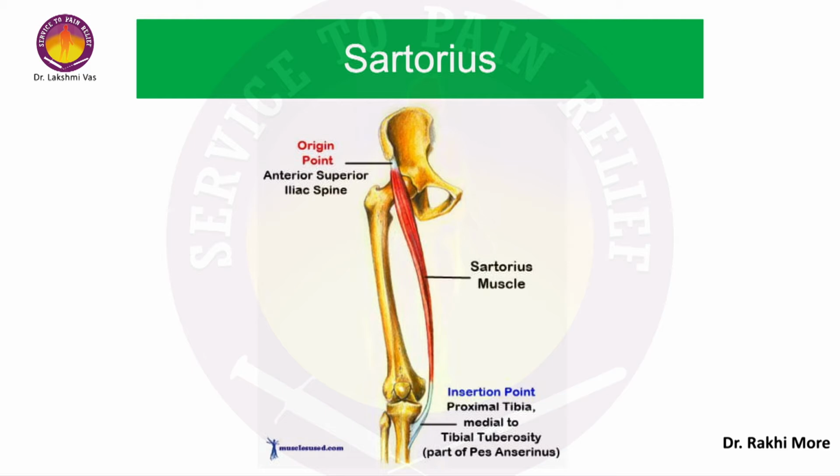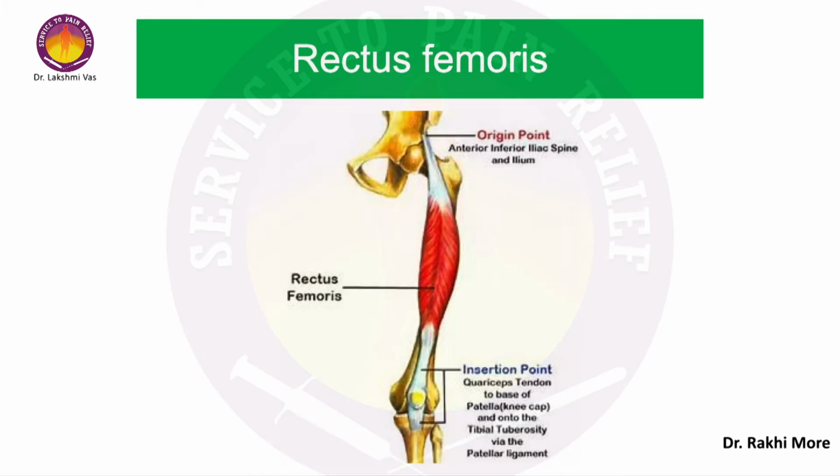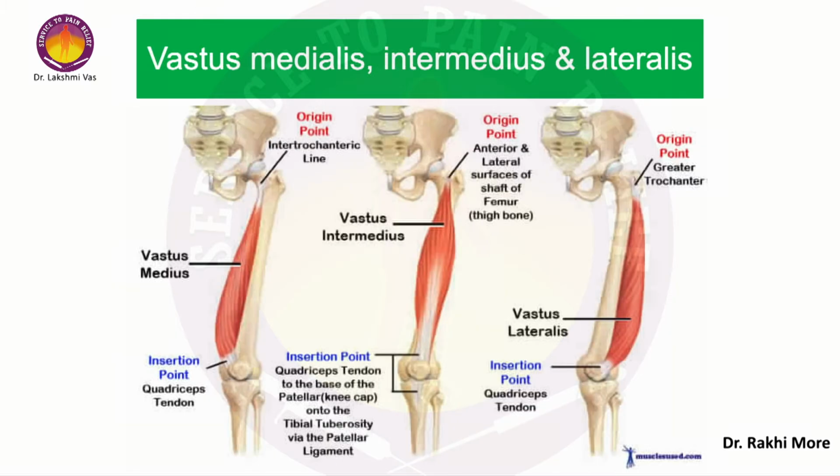And of the vasti, the vastus intermedius seems to be the trouble magnet in this group. Vastus intermedius, can you once again elaborate? After I finish, you please elaborate its origin and insertion. Insertion of course goes into the patella, but the origin you please, this one.